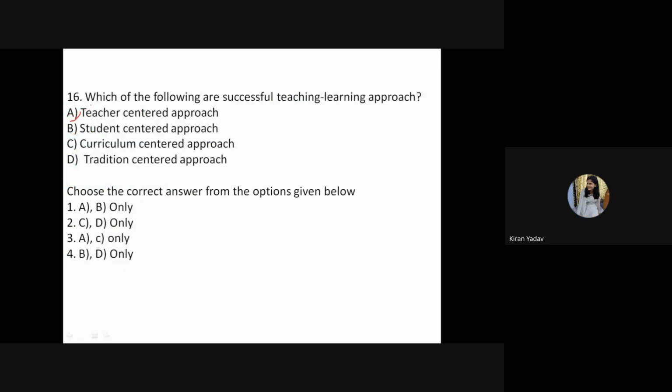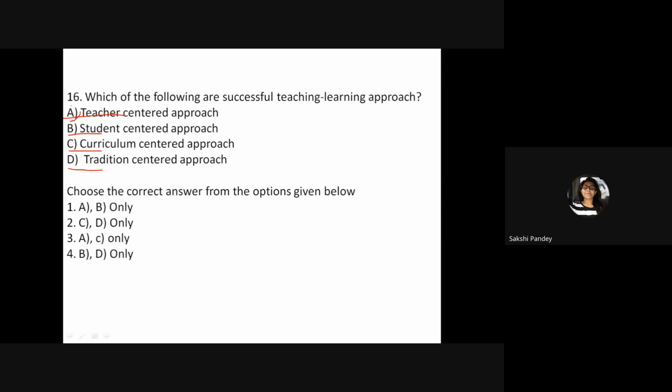Next, which of the following are successful teaching learning approach? A, teacher centered approach, B, student centered approach, C, curriculum centered approach, and D, tradition centered approach. Ma'am, tradition and teacher is the same, no?